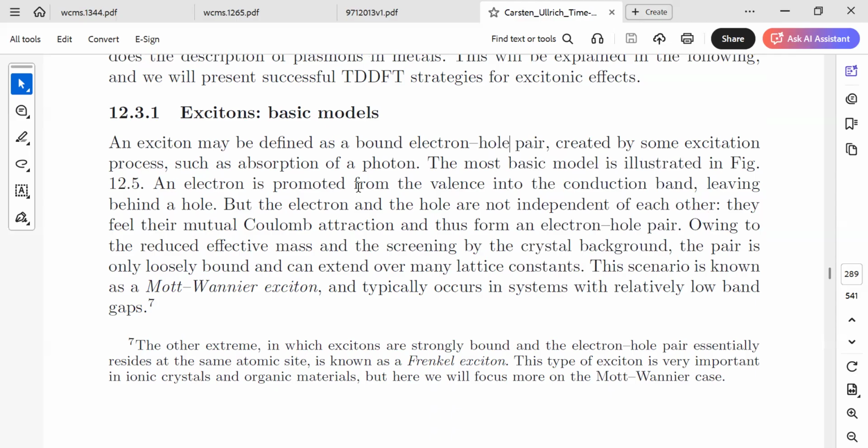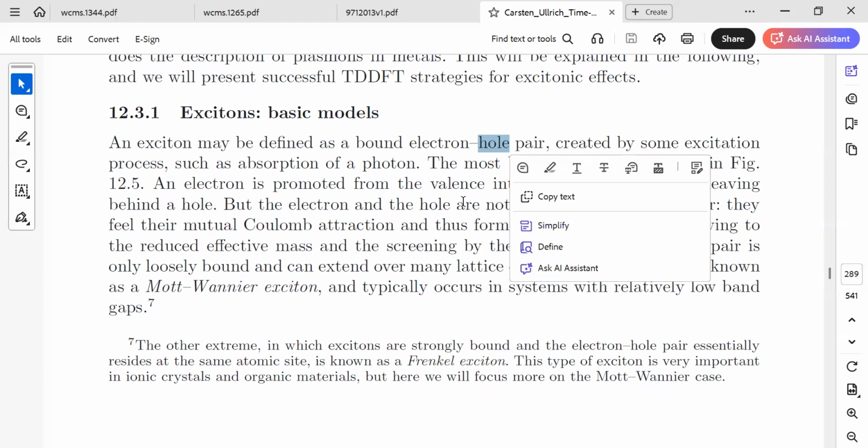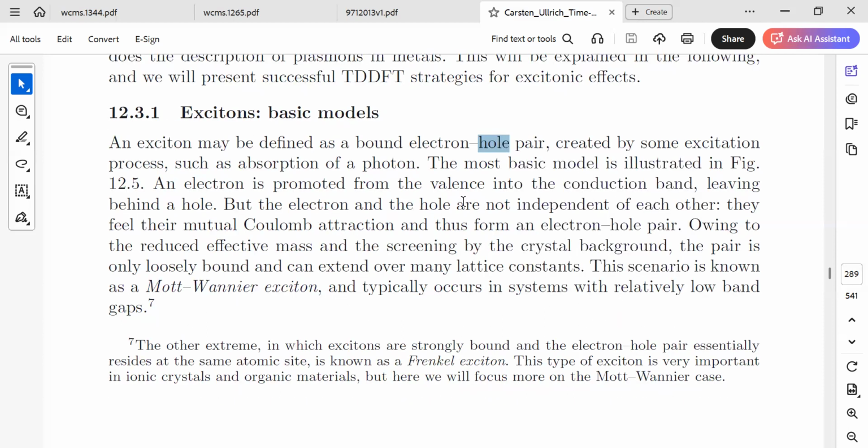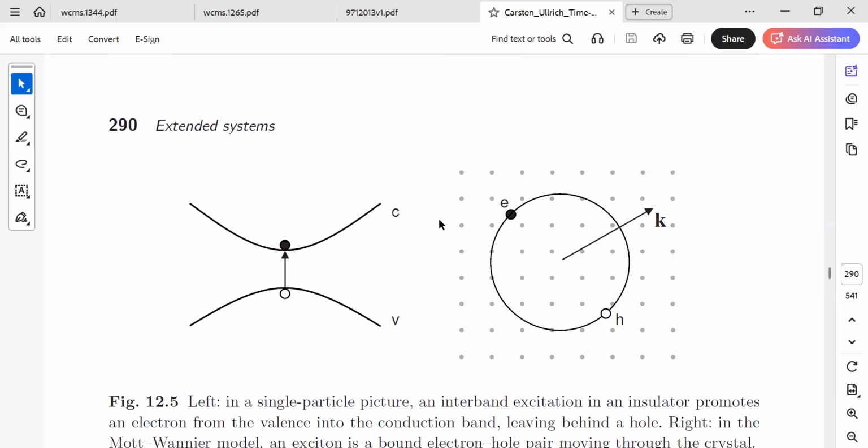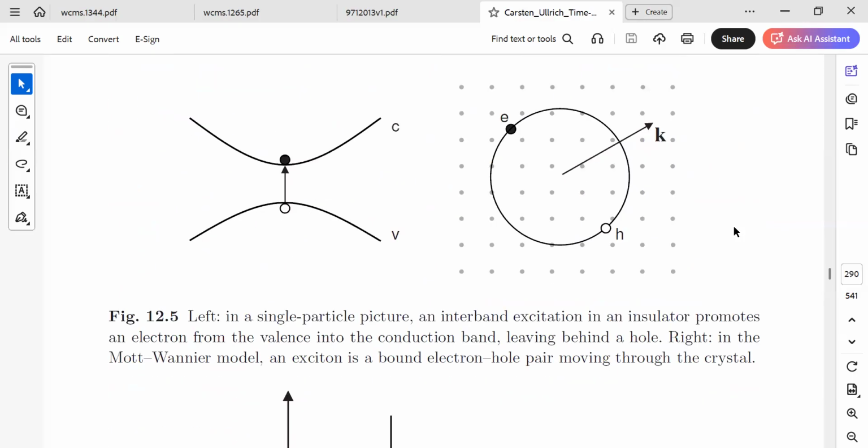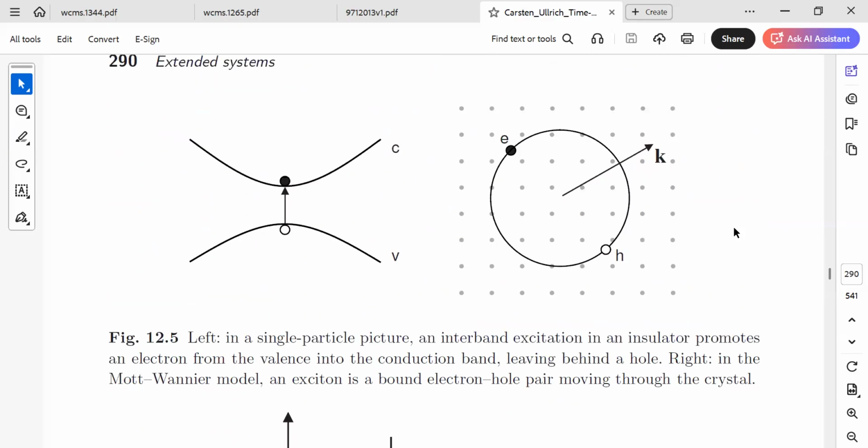This is entirely something different. We will say that this electron is not independent of the vacancy which it left behind when it goes from a low energy state to a high energy state. Here is a picture which depicts this sort of understanding. For example, here an electron goes from the valence band to the conduction band, and this is the hole, and this is the electron.